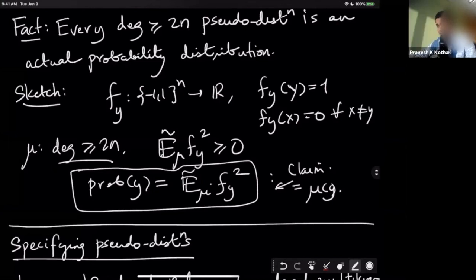I'm saying for every point y in the hypercube, there is a function that gives that point the value 1 and 0 otherwise, right? So that's what I've written down here.